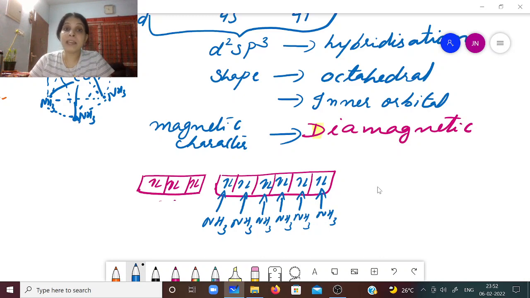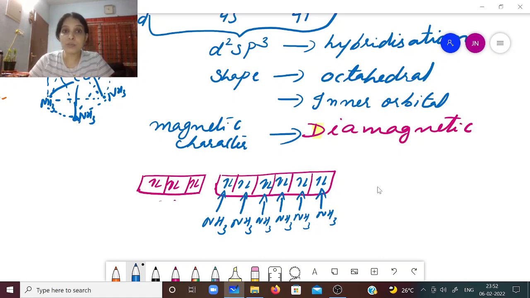The reason is that transition elements have empty d orbitals to accept the electrons from the ligands. And by VBT theory, we can understand the hybridization, the shape, and whether the complex is inner orbital or outer orbital, and the magnetic character of the complex.